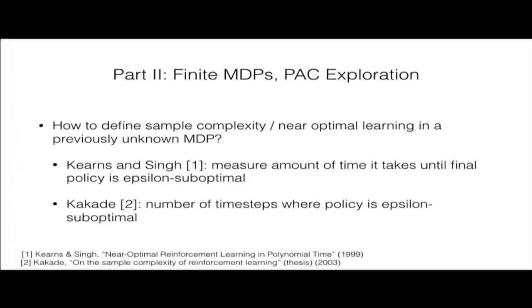He points out that there are a few different settings that people consider in reinforcement learning. One setting is where all you get to do is take actions in the environment, and you get to see the states and rewards, or observations and rewards in a POMDP. You don't ever get to reset yourself to a certain state, or have any control other than choosing your next action. So that's one setting.